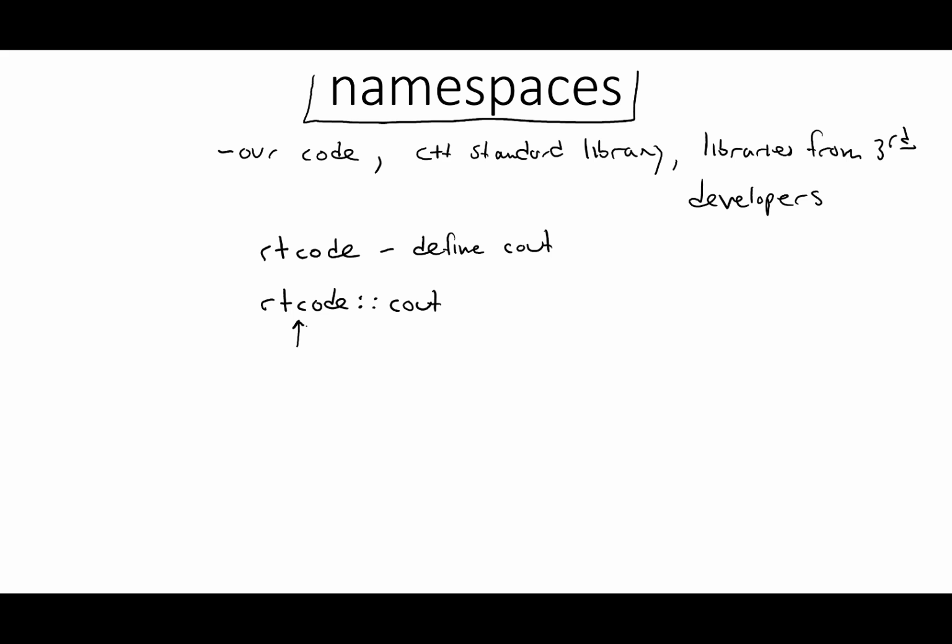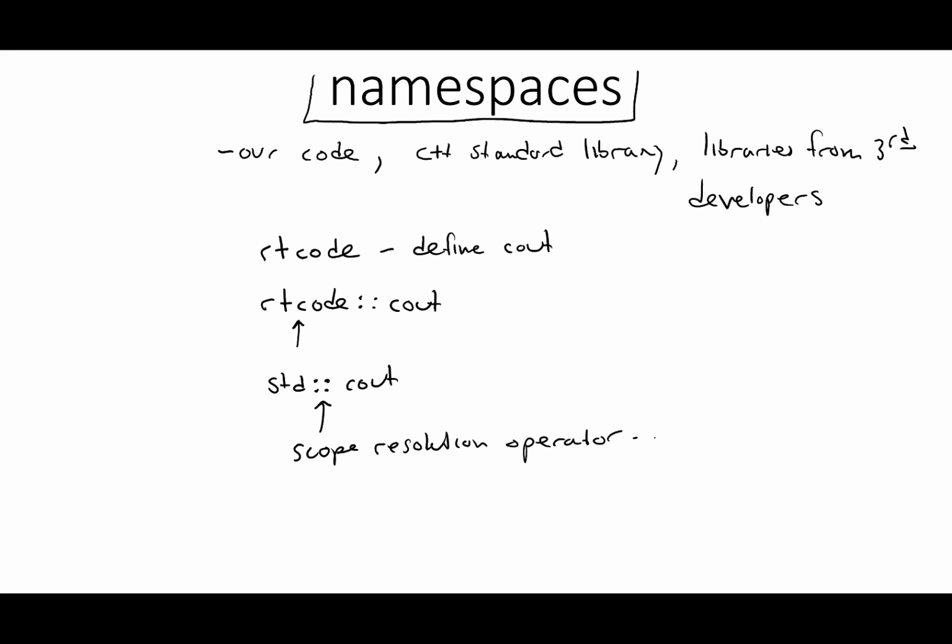That's why, to use cout from the standard library, we use std::cout. We're telling the compiler that we're using the cout that's in the standard namespace. And this operator right here, the double colon, is called the scope resolution operator.